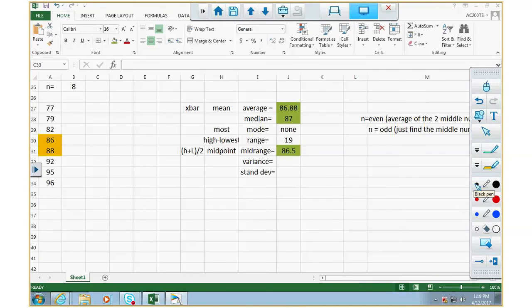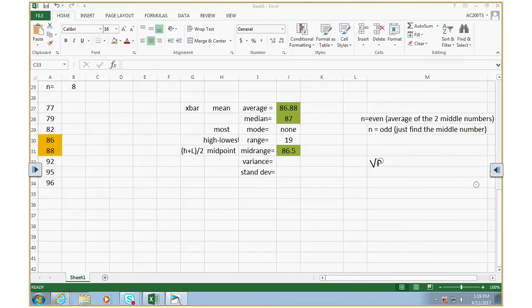All right. The definition for the variance. I'm going to put it over here. Variance is equal to the summation of (x minus x bar) squared, divided by n minus 1.